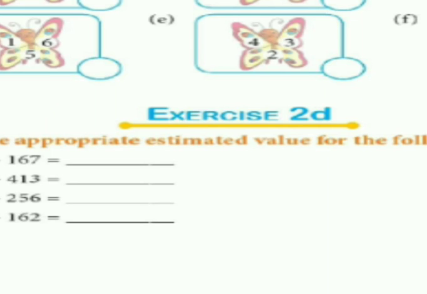So 200 and 100 make 300, and when we add 79 plus 67, it will be more than 400 also, so we can say around 400. So you will fill in the estimate 400 over there.